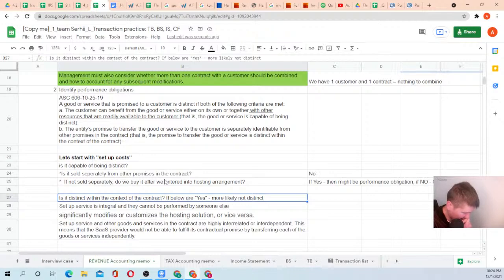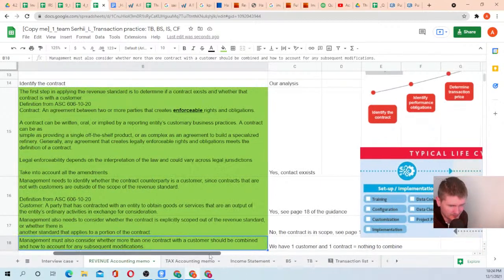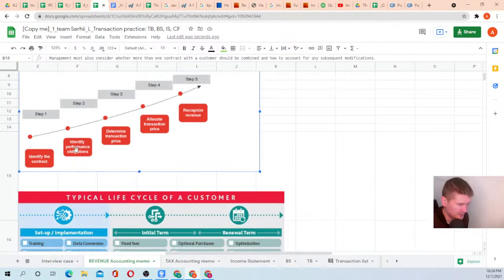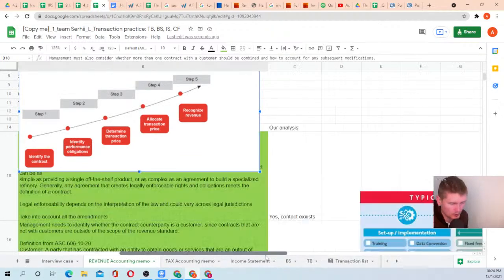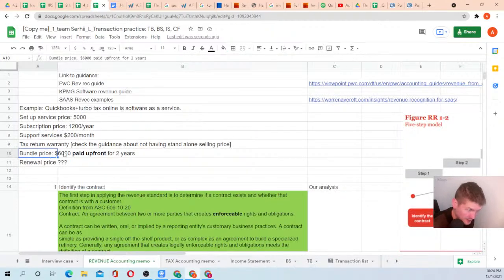I know that might sound a bit complicated. So we have identified the contract here, identify performance obligation. So what we are working on is to figure out how do we allocate contract price, $6,000, which we pay upfront for 2 years.